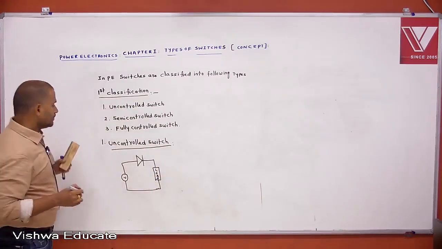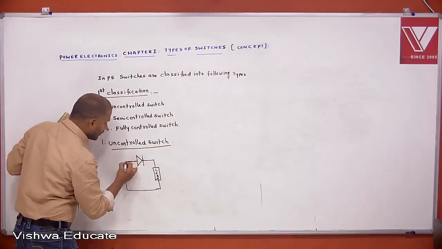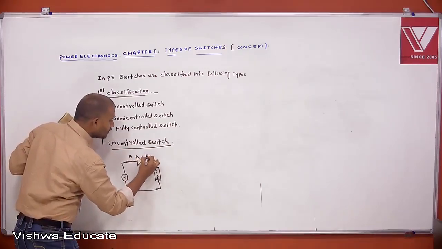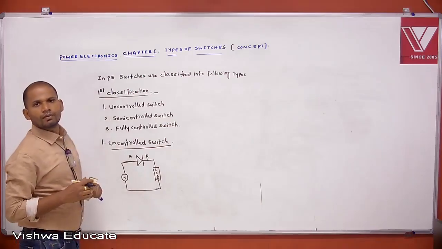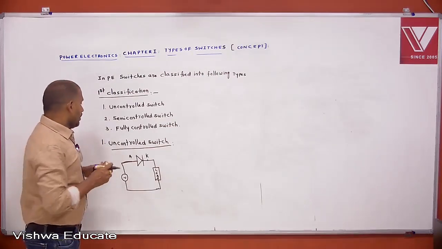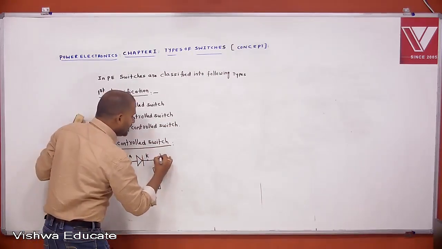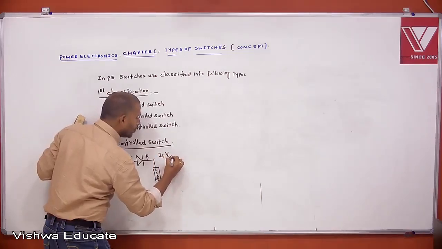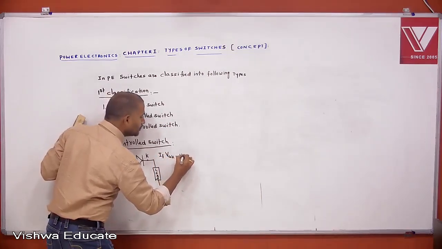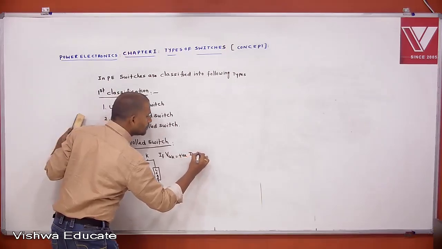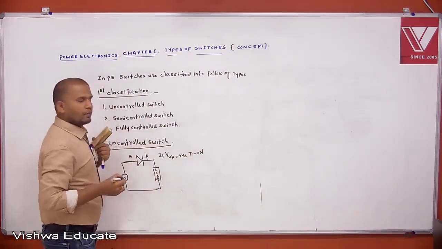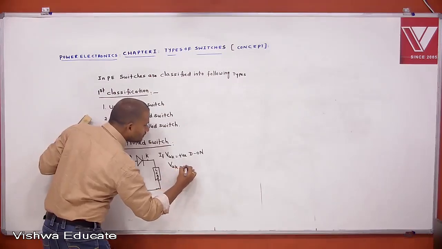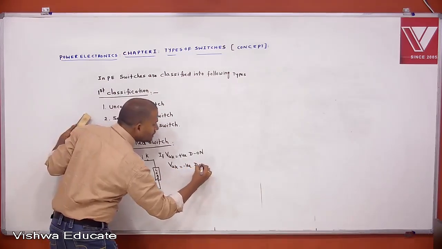This is the diode circuit. This is anode and this is cathode. We know that if VAK, anode to cathode voltage, is positive, the diode is on. If anode to cathode voltage is negative, then the diode is off.